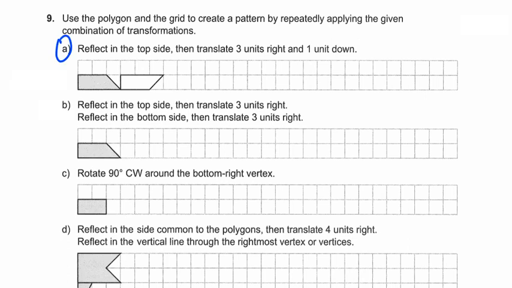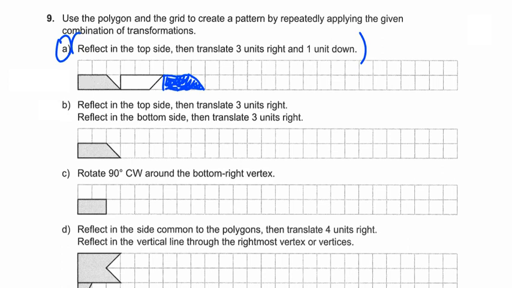So I'm going to do A for you, and then see which ones you can do. So this says reflect in the top side, then translate 3 units right and 1 unit down. So this is what I'm going to do. If I reflect this, it would be pointing with the arrow down. It would look like this. And I guess they're shading every other shape, so I would shade this one in.